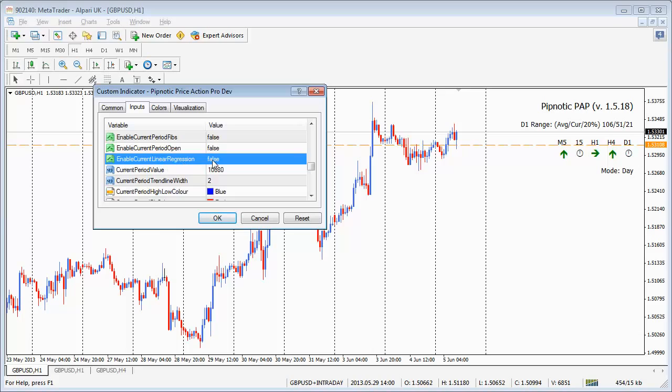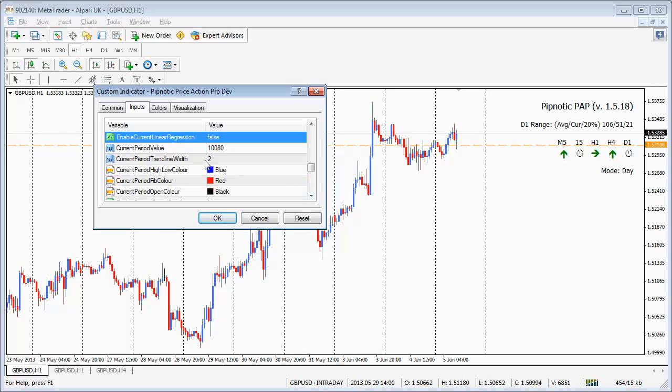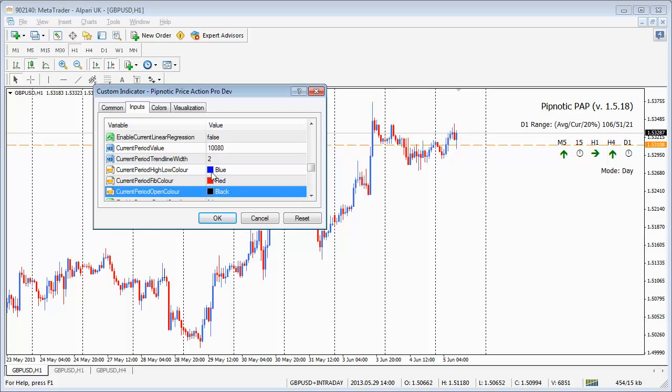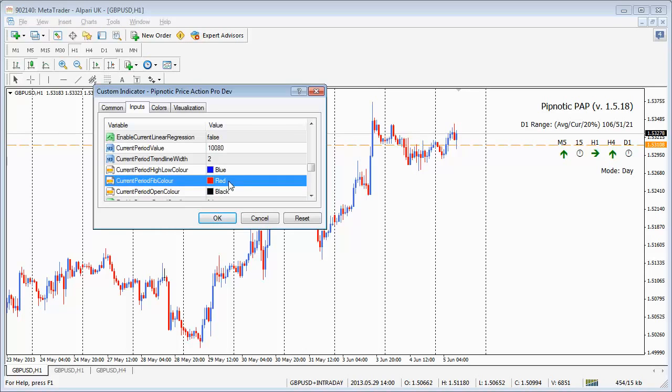So if you want to see that on the current price action, you simply enable that as well. And here we have some information that is related to the thickness of the line, and here we have the colors that we use here. Here we have the blue color, which denotes the high and the low of the current period fibs, and the red line denotes the retracements and the extensions.